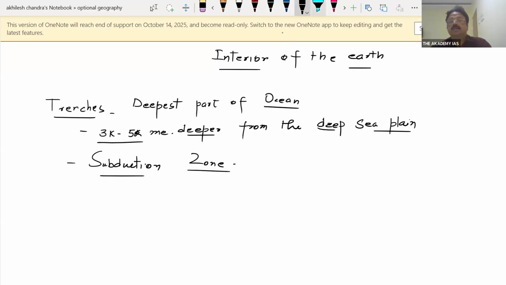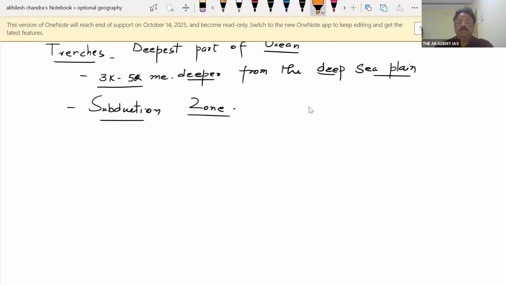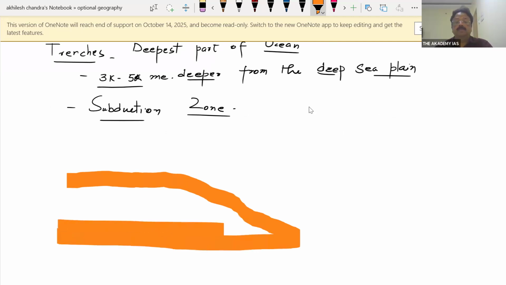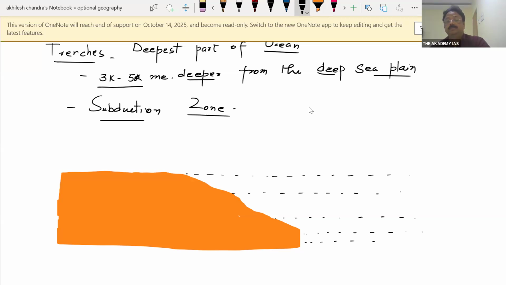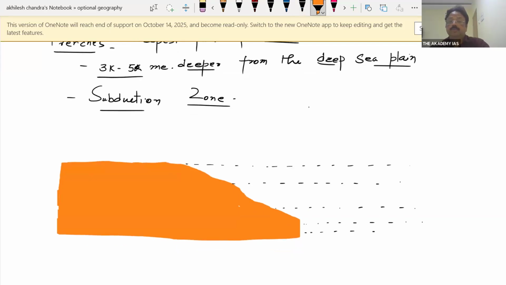Let me explain. Suppose there is a continental plate, and obviously there will be a continental shelf, then a slope, and an ocean floor too.